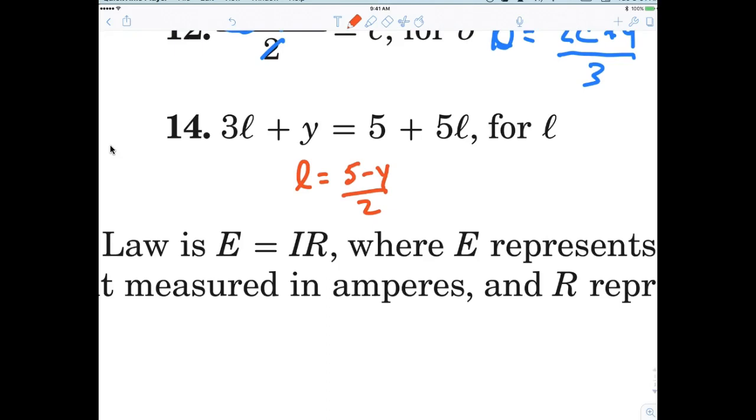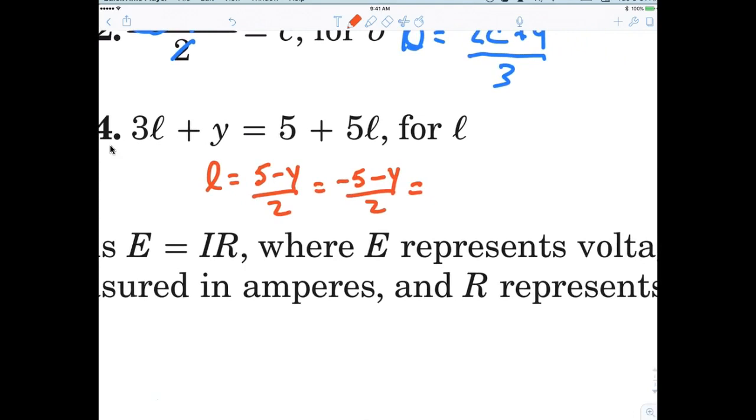What do you think, Reagan? Negative. Then negative 5 what, though? L equals negative 5 minus y. Anybody else? I'm not saying she's right. I think you're right. It should be negative 5 plus y over 2.